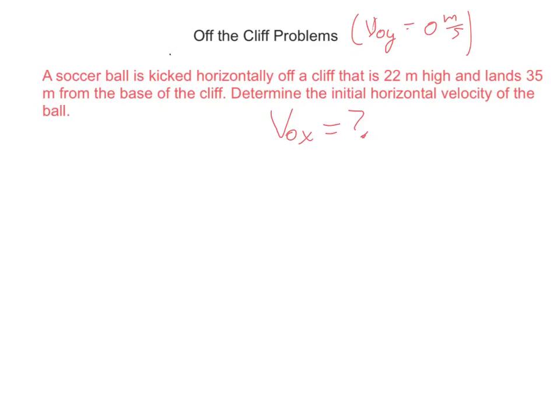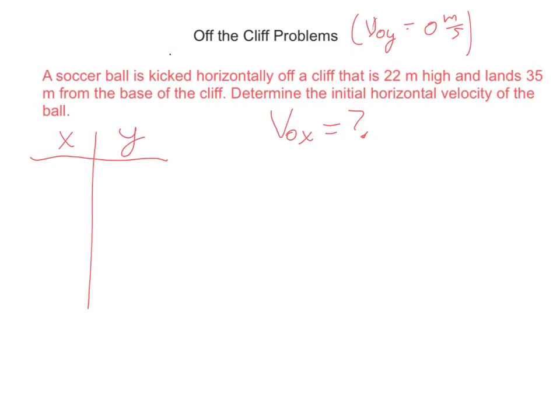So how are we going to solve this? Well, like I've been doing throughout the entire video, I'm going to separate the information given to me into x direction information and y direction information. And I'm going to make a list of what I know in each direction.